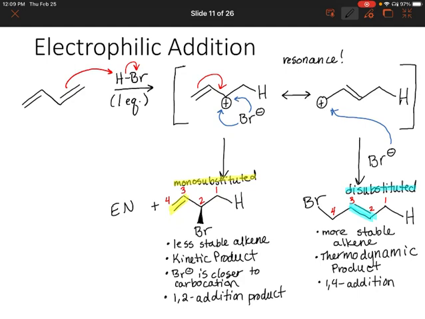I'm just going to abbreviate product as PDT. So the kinetic product, or the 1,2 addition product, is favored at lower temperatures, and the thermodynamic product is favored at higher temperatures.